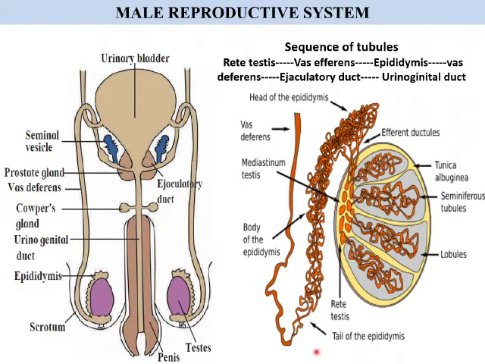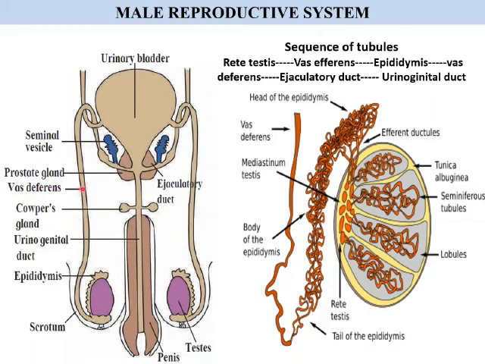This diagram shows us the path of the sperms: rete testis, vas efferens, epididymis, vas deferens. In the epididymis, the sperms get matured and receive nutrition, and then finally they enter the vas deferens.